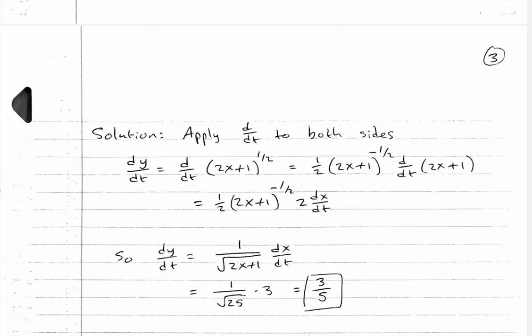We've got 2 times 1/2, so these cancel. Minus 1/2, so that's 1 over the square root of 2x plus 1. Okay, so this part simplifies to this, rewriting it with a radical.